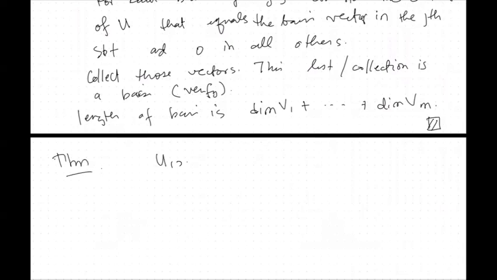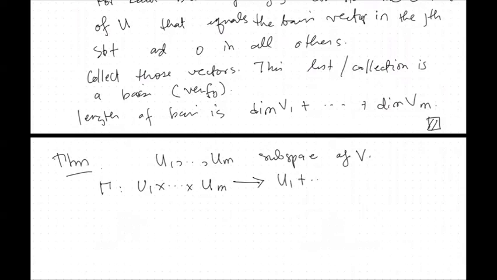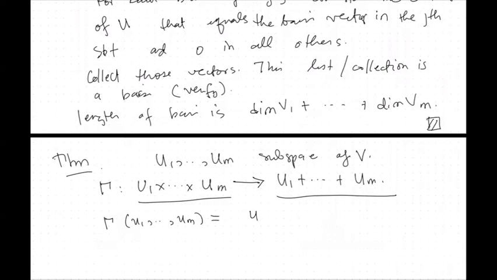Let U1 to Um be subspaces of V. Define a map from the product U1 cross up to Um into U1 plus up to Um, defined by sending (u1, ..., um) to u1 plus up to um.